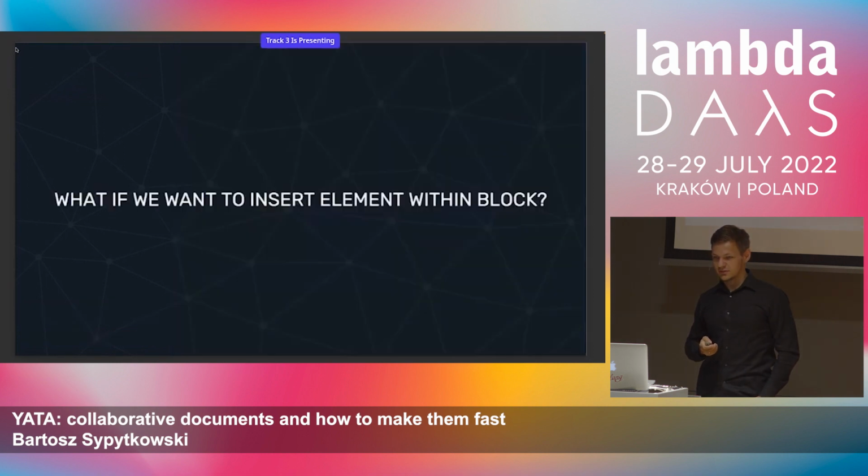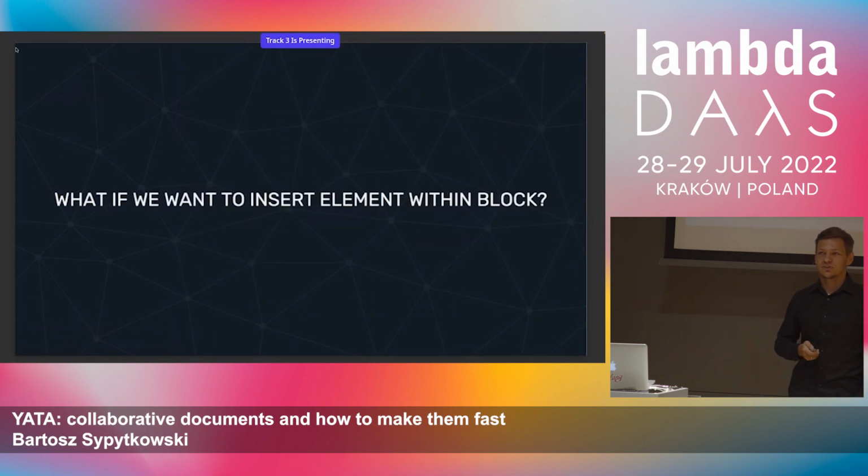Wait a second. So yeah, since we have gone over squashing, we also need to be aware of splitting. Because if somebody has pasted a page of text and somebody else wants to write something inside of it, we need to do something because our block representation will not hold any longer.